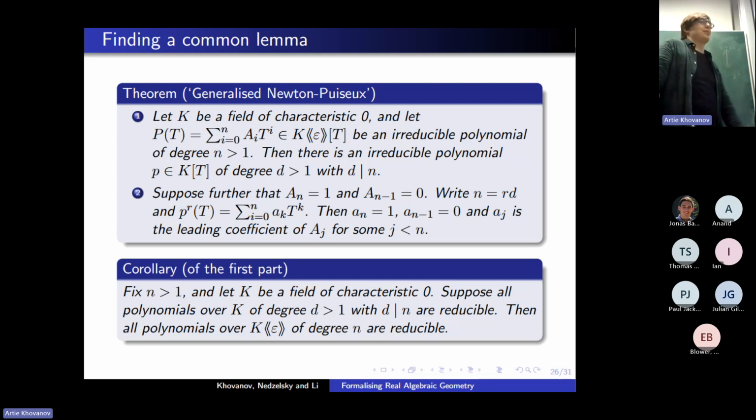It also proves part 2, which is even more complicated and horrible, which is needed for the positive elements to have square roots. But actually getting from generalized Newton-Puiseux to the real case is not that difficult. Basically, by mining the proof incredibly hard, you can get a common thing to transfer.